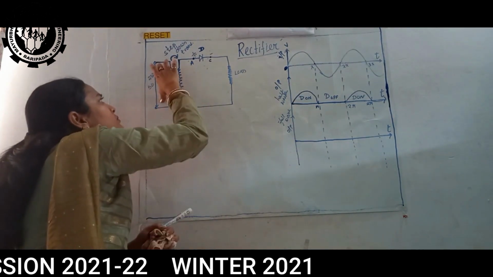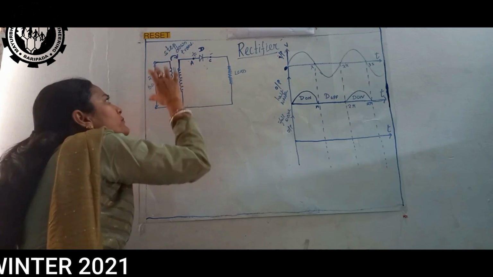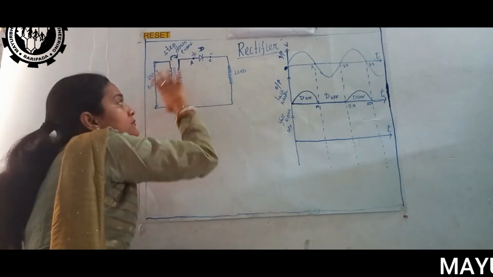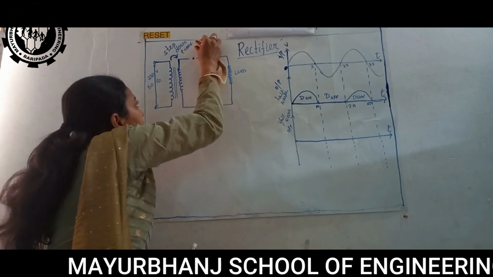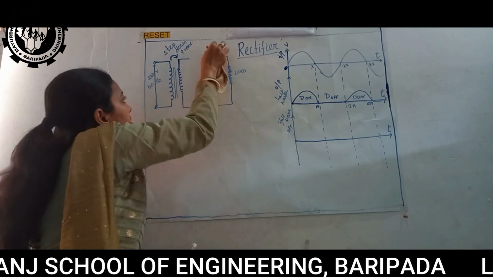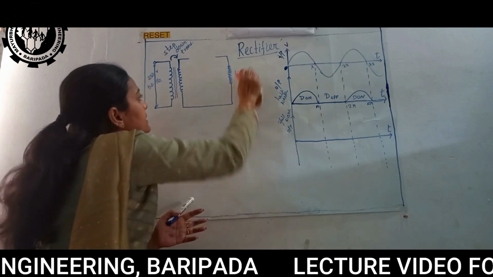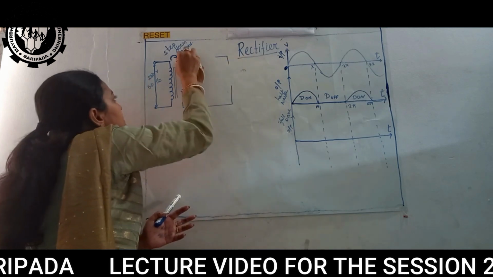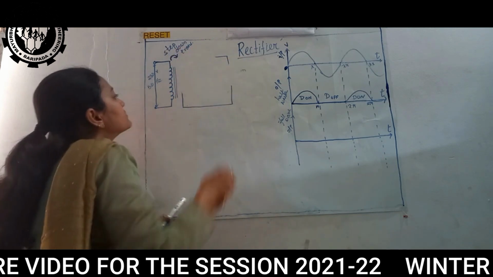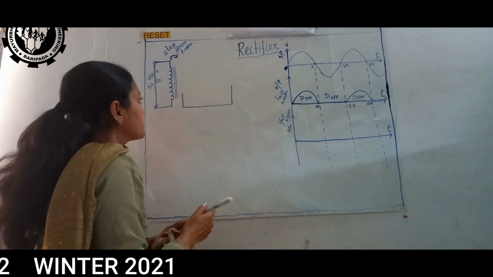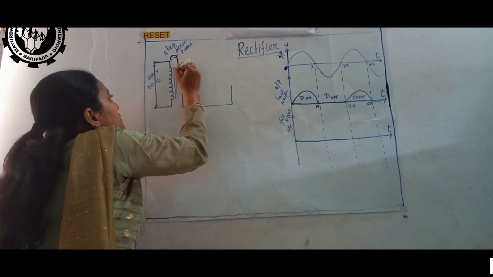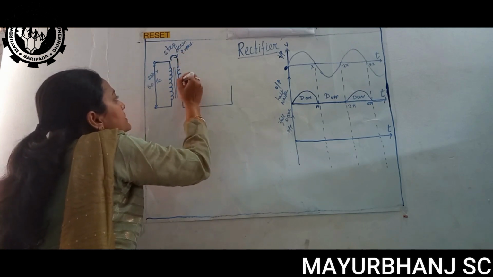Again we will give an input of 230 volt 50 hertz to a step down transformer with some changes in this circuit. I'm changing this circuit right now. Center tap.